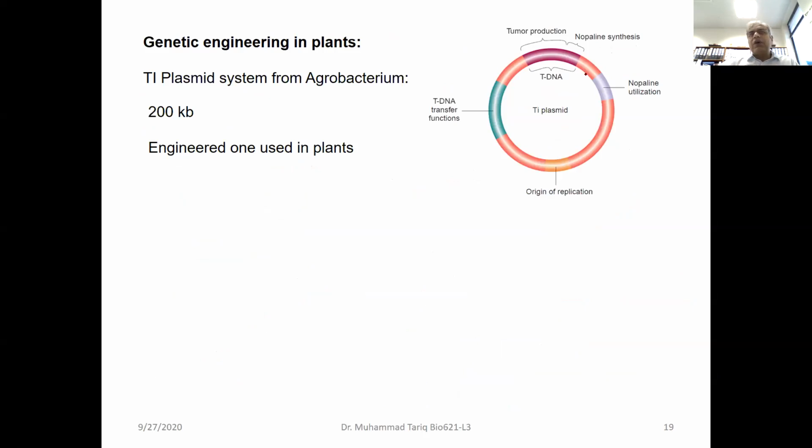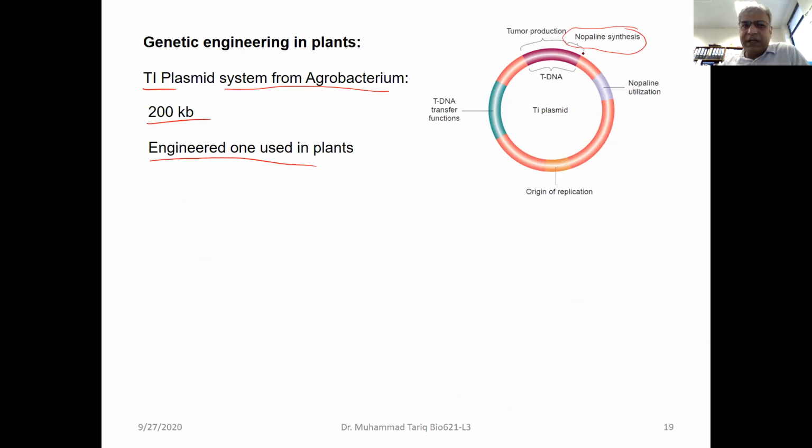So you should go and read about, as I said, the Ti plasmid system of Agrobacterium. It's nearly 200 kb. It's used to generate transgenic plants. One of the genes is for nopaline synthesis.